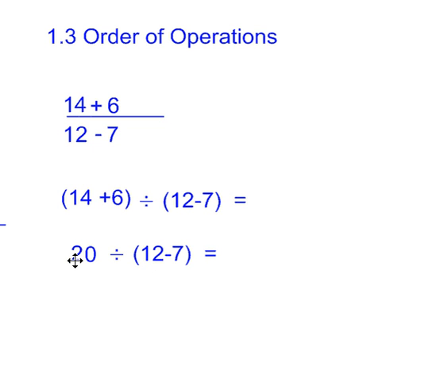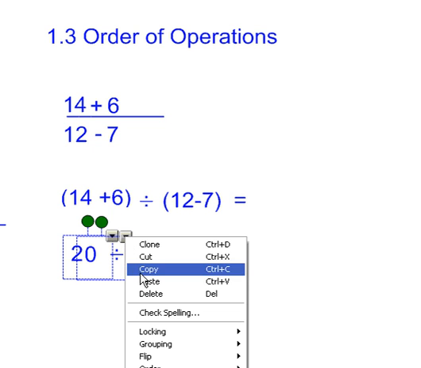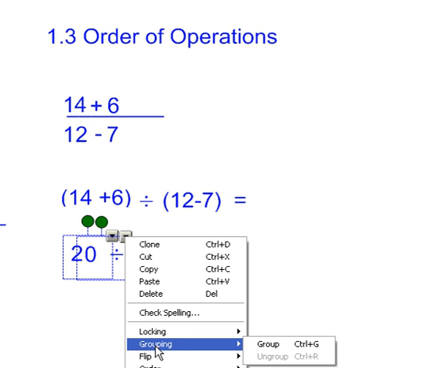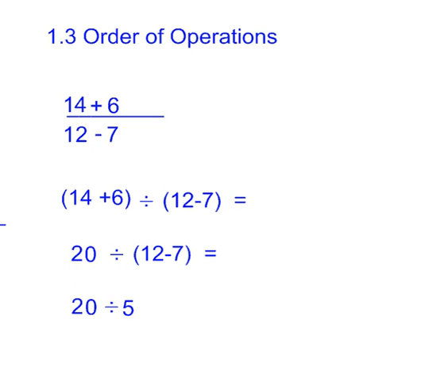Left to right, starting with PEMDAS. Are there any parentheses? Yes. 12 minus 7 is 5. So we can rewrite this as 20 divided by 5, and we know that 20 divided by 5 is 4.